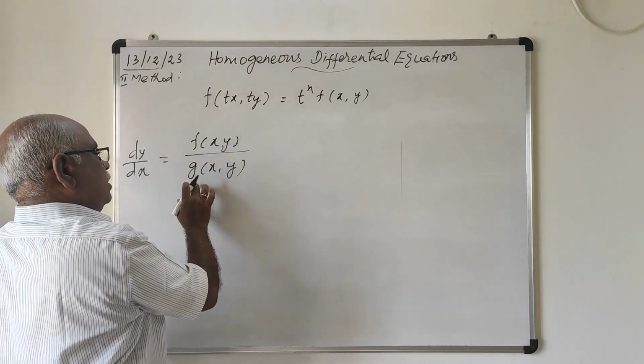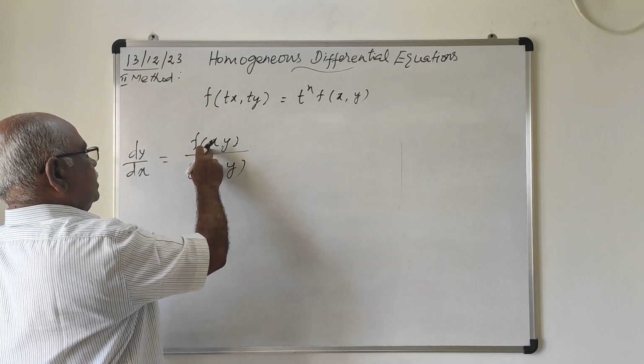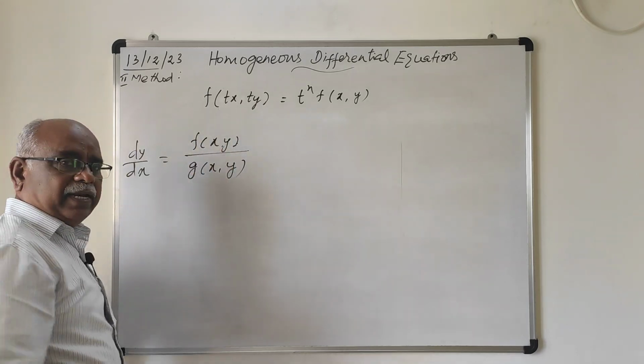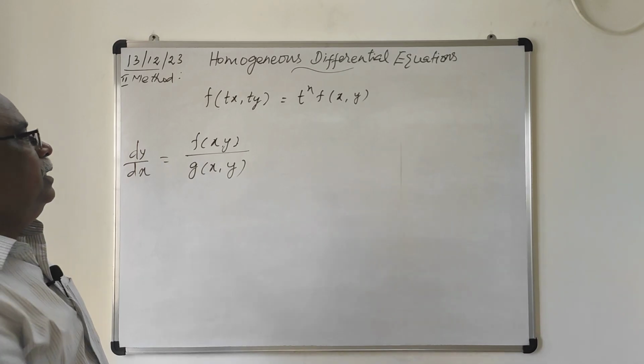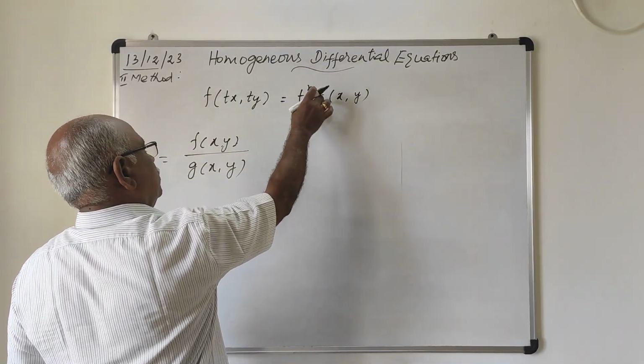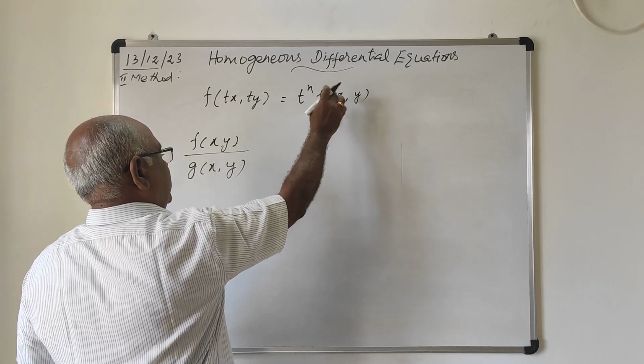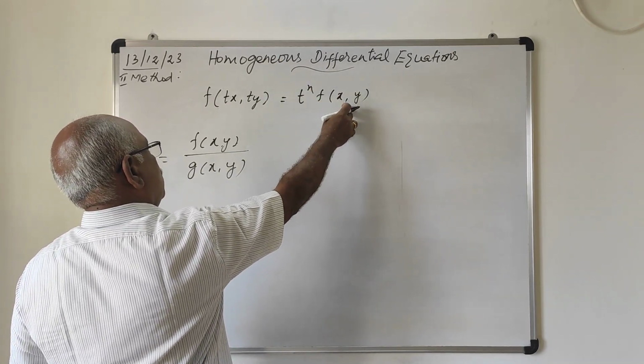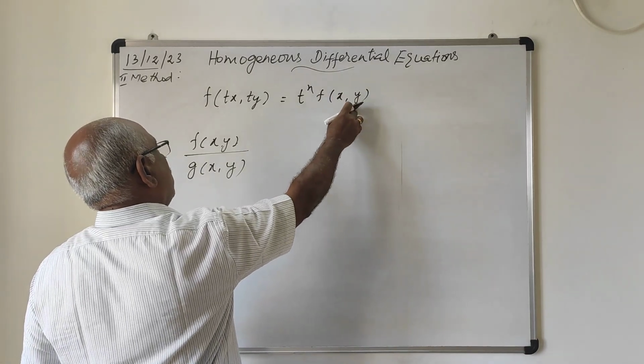In these f of x, y or g of x, y, you can replace x and y by t x and t y, where t is a constant. Then it becomes t power n into f of x, y. In this case, f of x, y is a homogeneous equation in x and y of degree n.